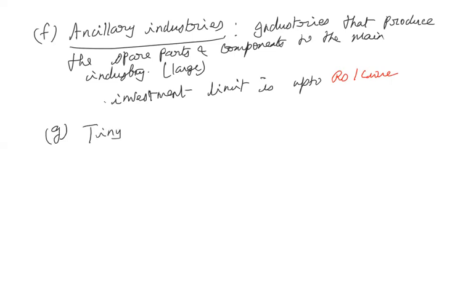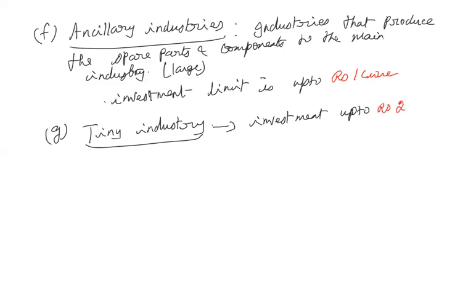And the next category we have is the tiny industry. So it is even smaller than the micro enterprise. Here the investment is up to rupees 25 lakhs, irrespective of the location. Actually, this concept of tiny industry was introduced in our country in 1977.